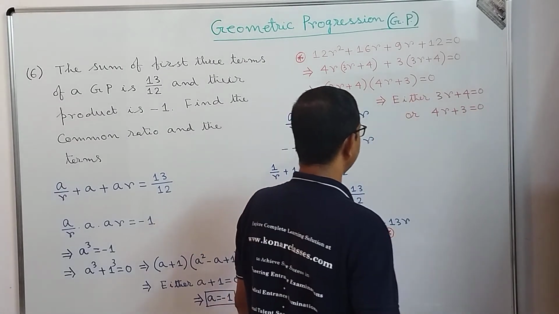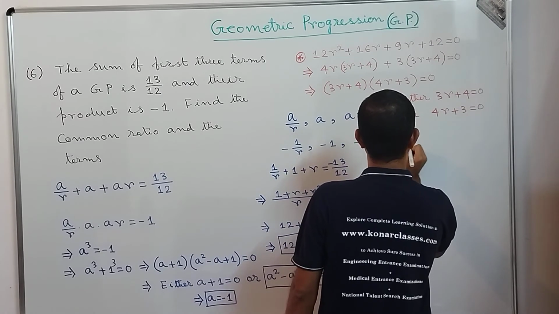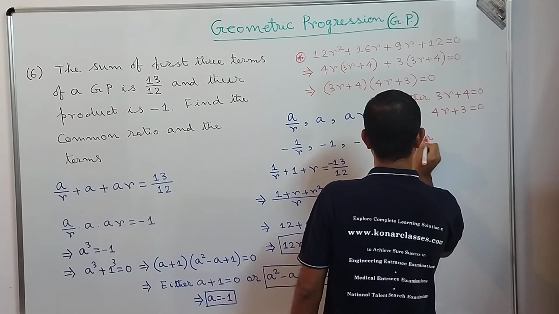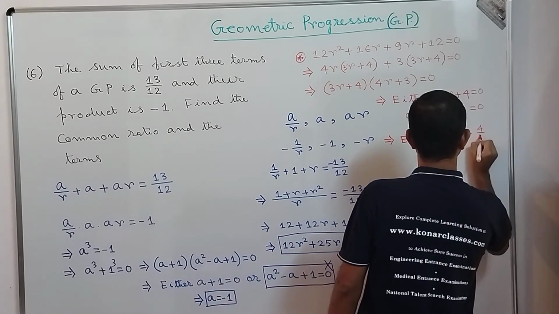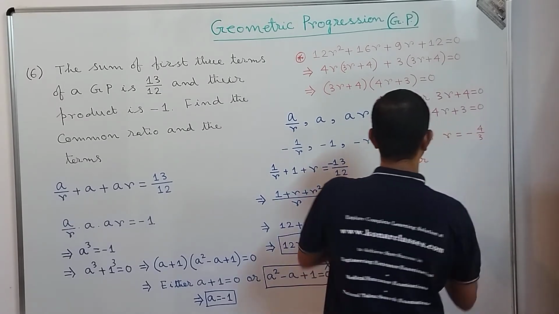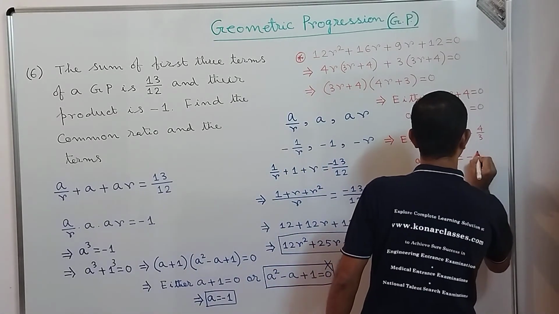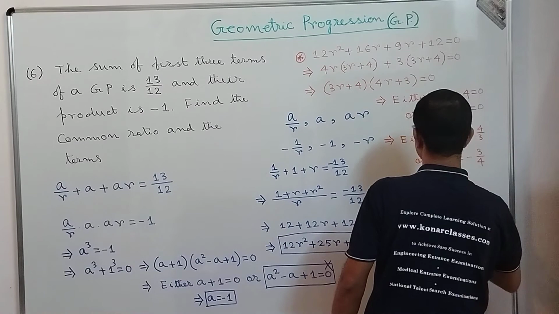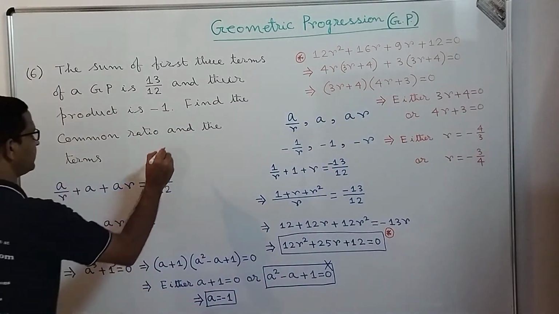Now when you take 3r plus 4 equal to 0, we get the value of r equal to minus 4 by 3, and when we take 4r plus 3 equal to 0, we get the value of r equal to minus 3 by 4.